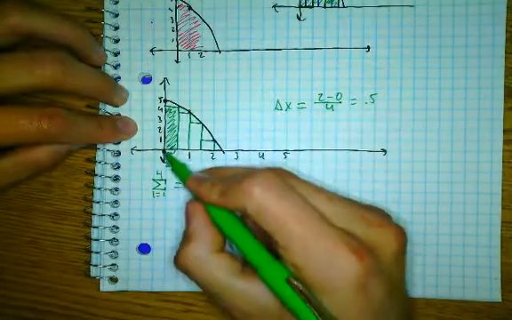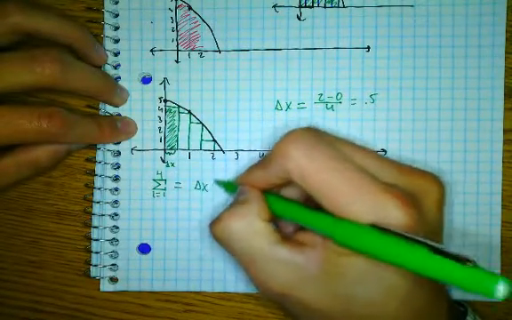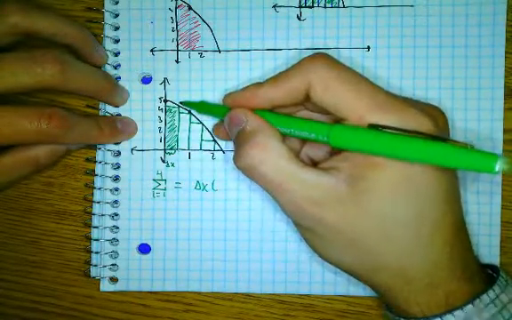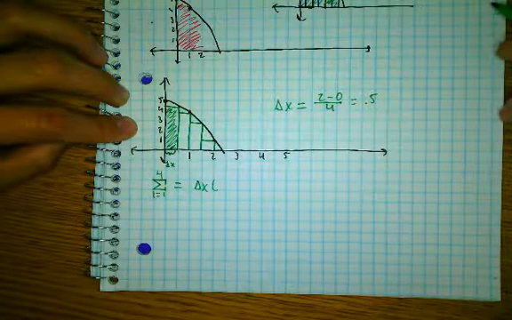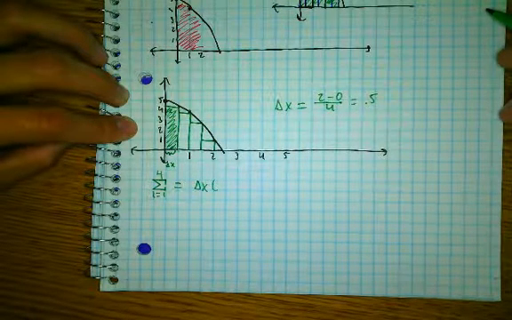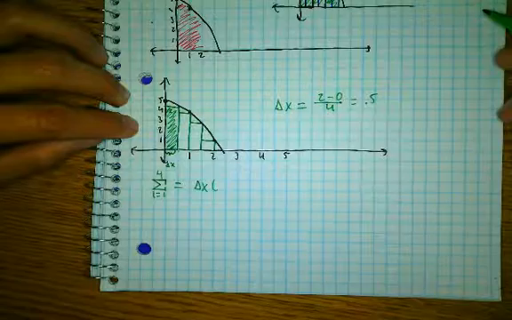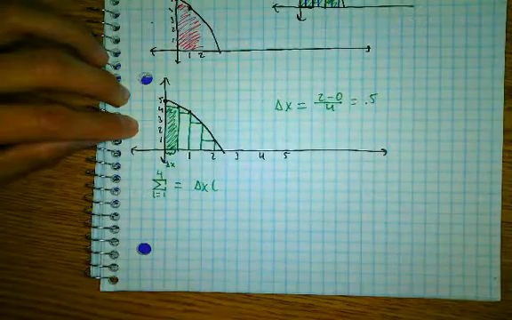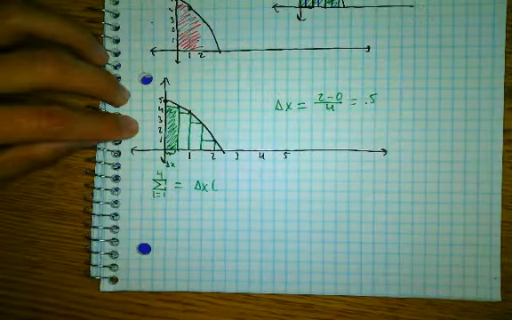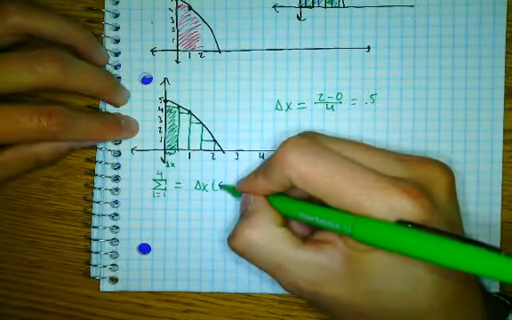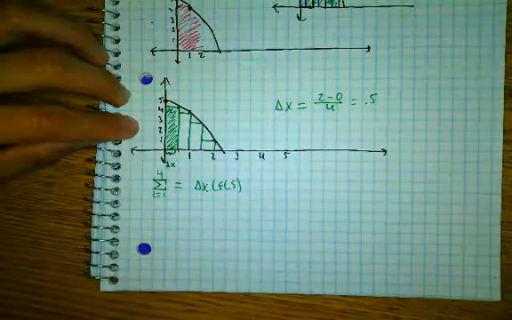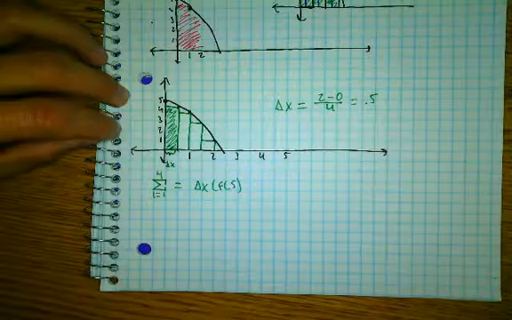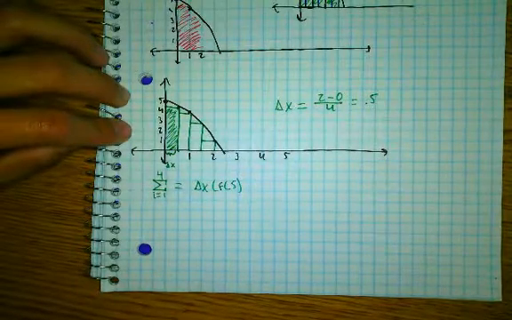We need to multiply that by how tall this is. How can I find out what this point is? F of 0.5. Agreed? That will get you this height right here. Are you guys with me? That will get you that rectangle.